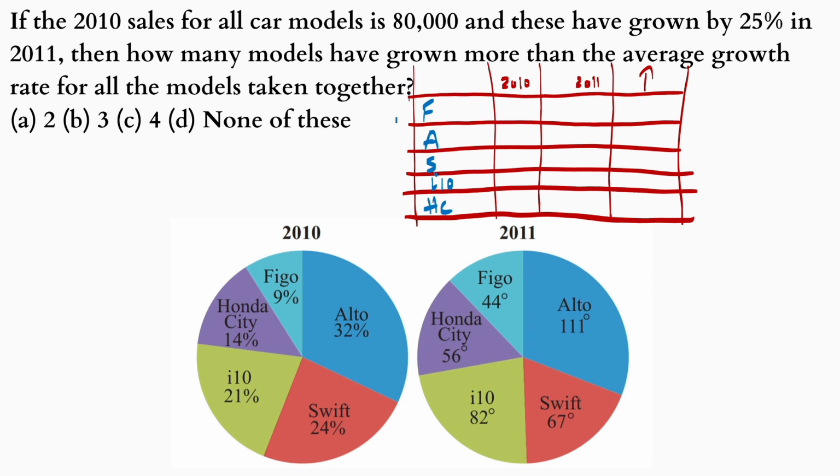So 9% of 80,000 is 7,200, and as there is a 25% increase in 2011, 80,000 in 2010 became 1 lakh in 2011. So the share of Figo is 44 degrees. So 44 by 360 into this 1 lakh gives us this value.